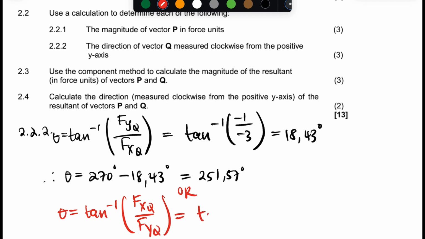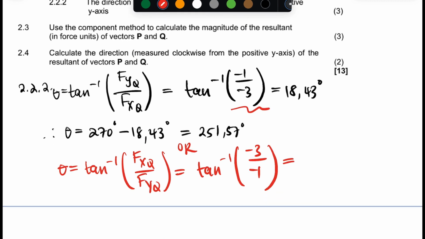Then your tan theta is going to be negative 3 over negative 1. It's just an inverse of that one. So when you punch that in the calculator, your answer will be 71.57 degrees.